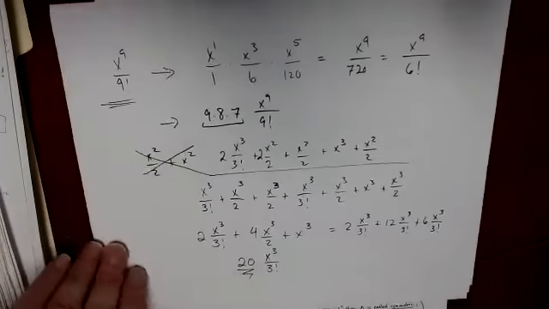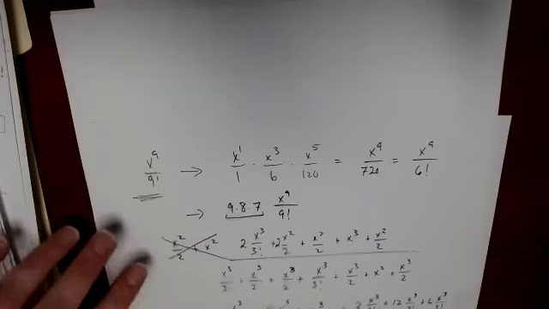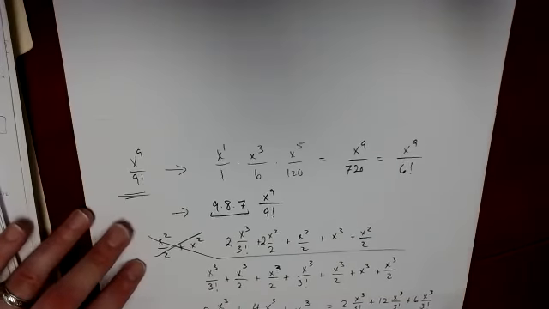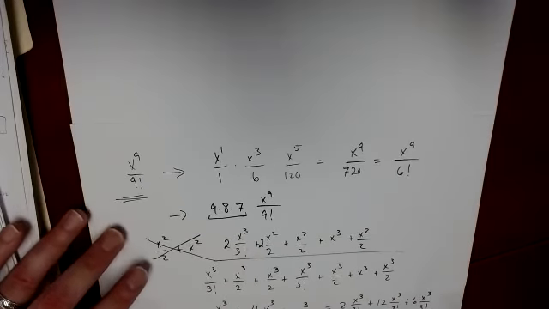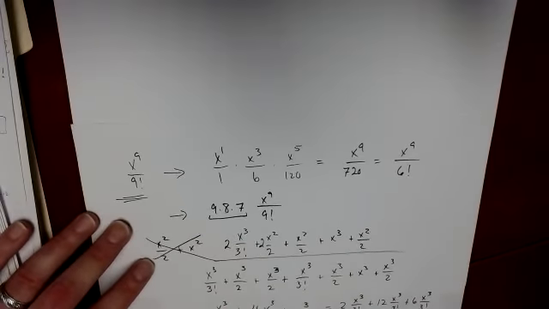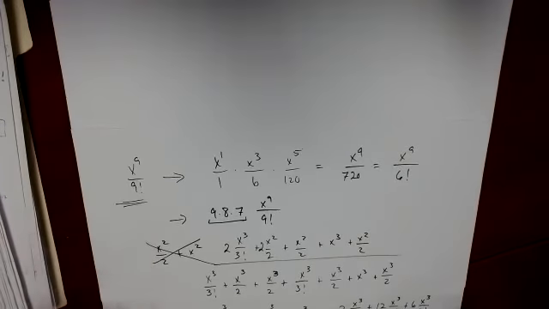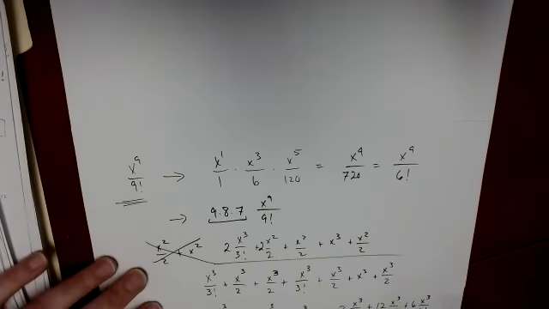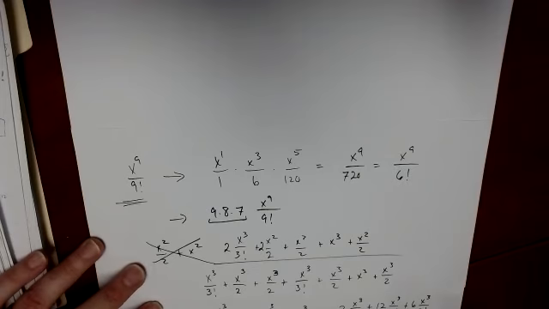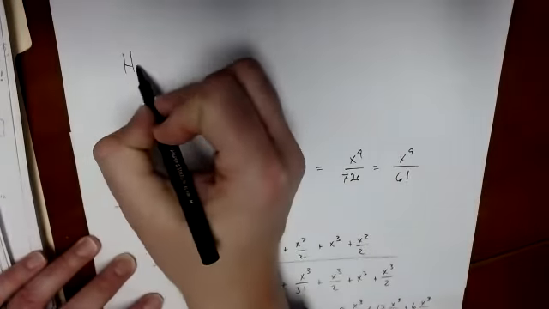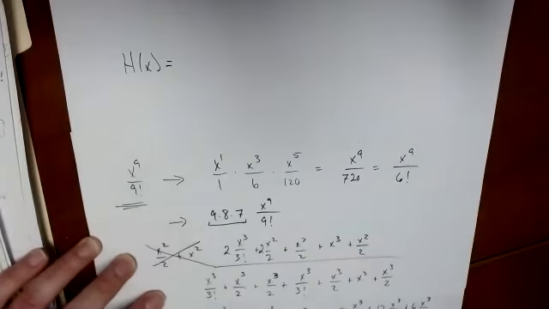So then example 340 asks the same question, except the supply of the objects is infinite or we are drawing with replacement. So if we're drawing with replacement or the supply is infinite, then our h of x, our generating function, will look like what?